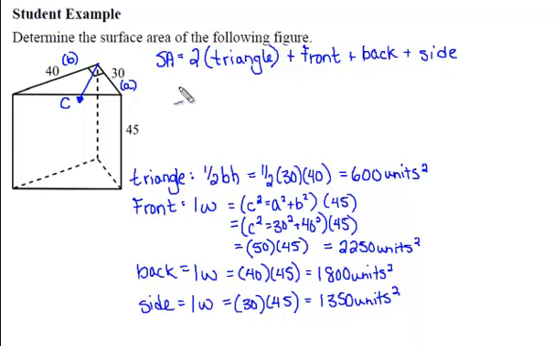Now that I know the area of my individual sides, I can plug them back into that original equation. Surface area equals 2 times the area of a triangle, 600 units squared, plus the front, which was 2,250 units squared, plus the back, which was 1,800 units squared, and the side was 1,350 units squared.